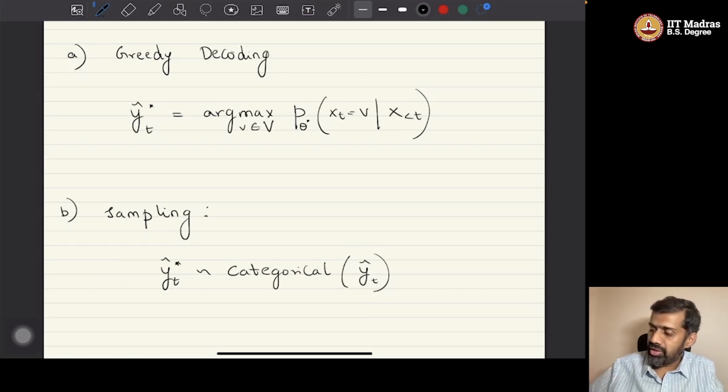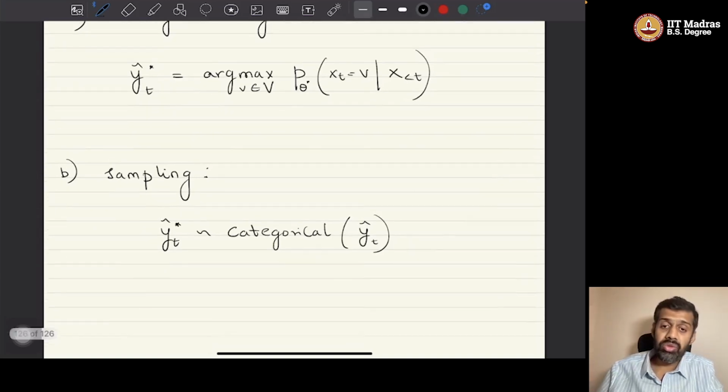So what happens is that we get a distribution over the entire vocabulary, I mean, it's a discrete distribution. Now there are ways to sample from a discrete distribution of size v. Once we get a distribution, you just sample from that particular distribution that we have gotten at every time t. So that is how you get the output.